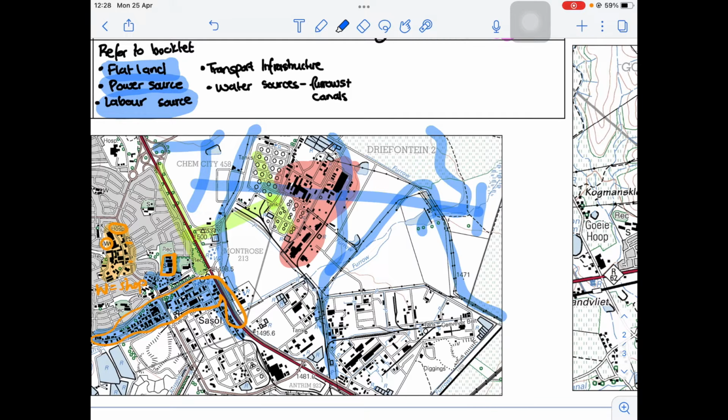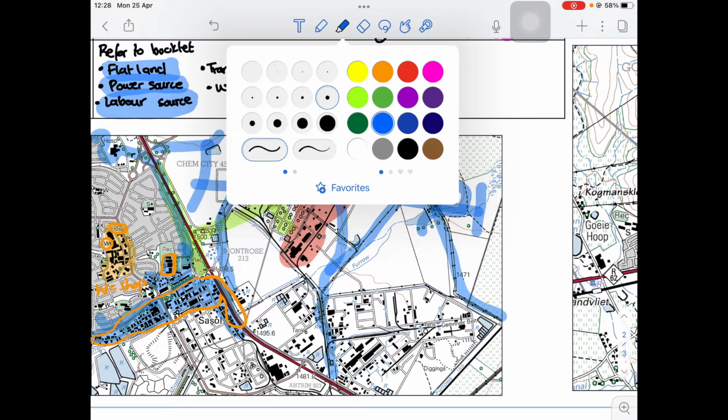A labor source, so sometimes with the dormitory towns again, but also a suburb or a town where people can actually live and then work at that particular region, like here in Sasolburg, where we have the town developed around that actual industry, and so people want to live there to work in the industry.